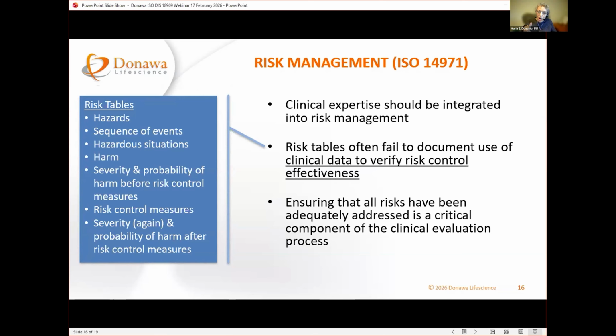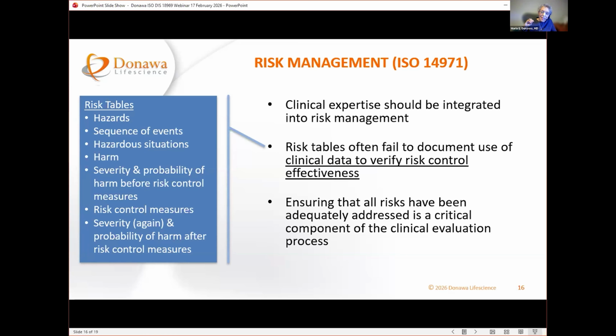I'm just going to give you one example of something that happens, and you may see it as well, those of you who develop clinical evaluation plans and reports.